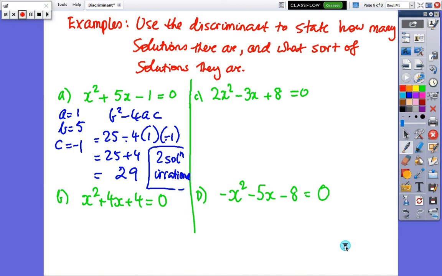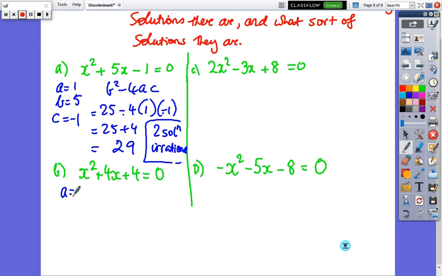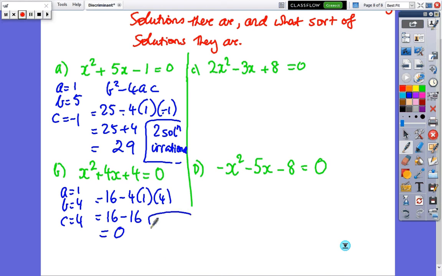Right. B. a equals 1, b equals 4, c equals 4, b squared minus 4ac, 16 minus 16 equals 0. Equals 0, there is one solution, and it's rational. So whenever you have one solution, it's always rational.